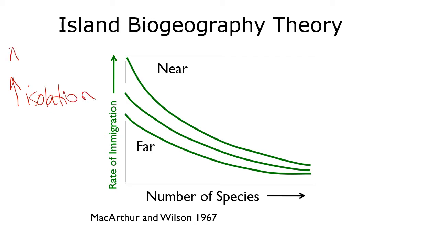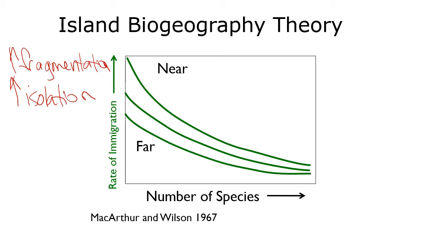So if you increase fragmentation, you remove habitats, make it harder to get from one place to another, you increase isolation, then that's going to have an impact on how many species are getting into your island, to your park, to your natural area that you're protecting.